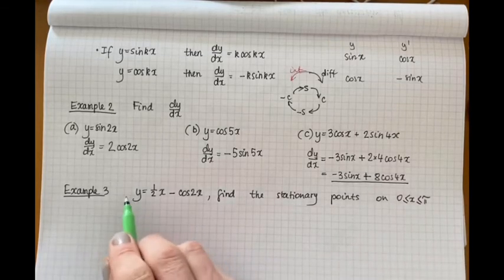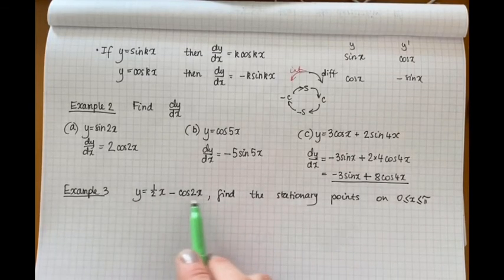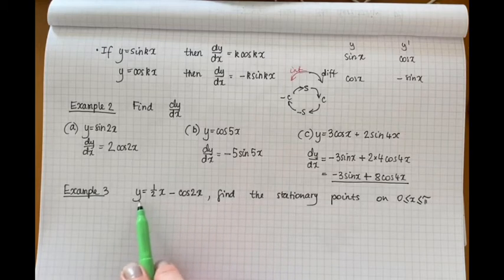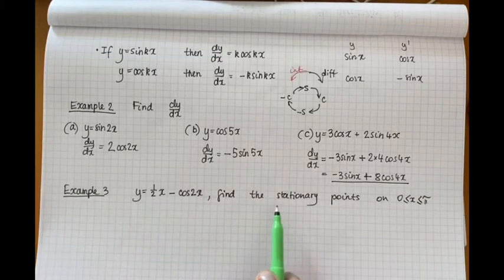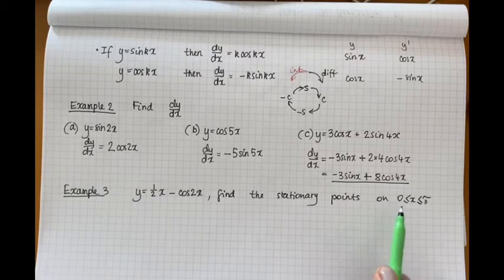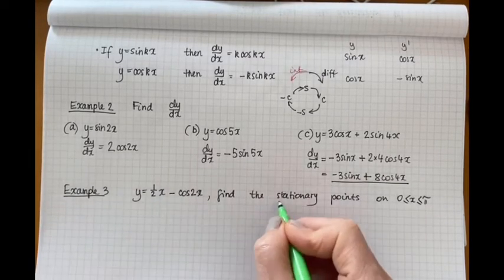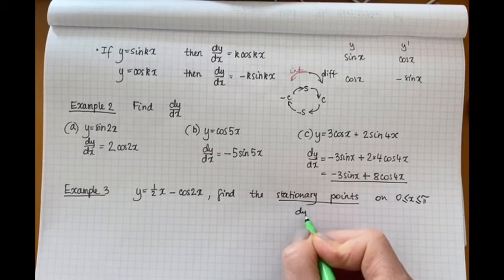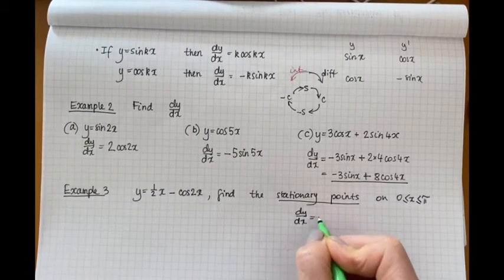Okay, in example 3, we are going to use the derivative of this function to find the stationary points between 0 and pi. So we need to differentiate. Stationary point means dy dx is equal to 0.